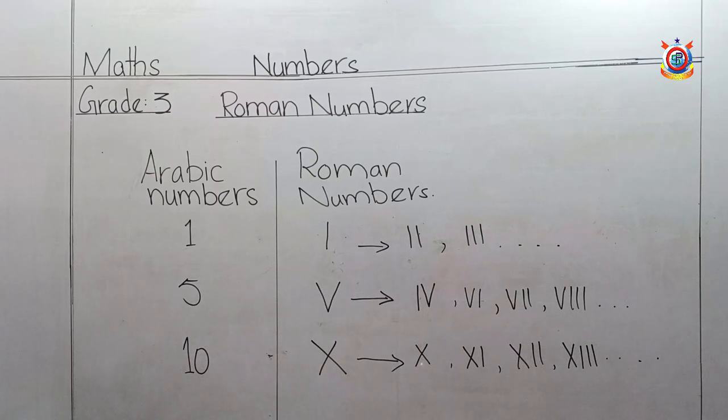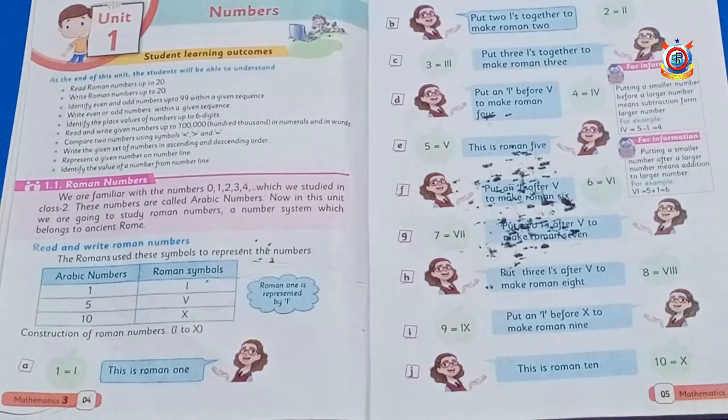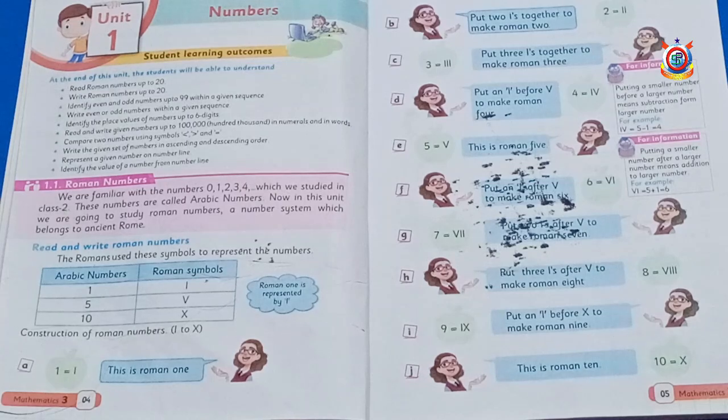It creates 10, 11, 12, 13 and other numbers. Students, remember that there is no concept of 0 in Roman numbers. Arabic numbers start from 0, but there is no concept of 0 in Roman numbers.